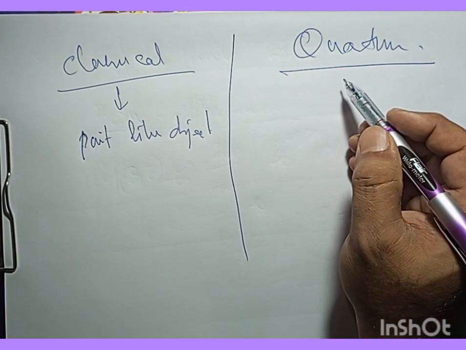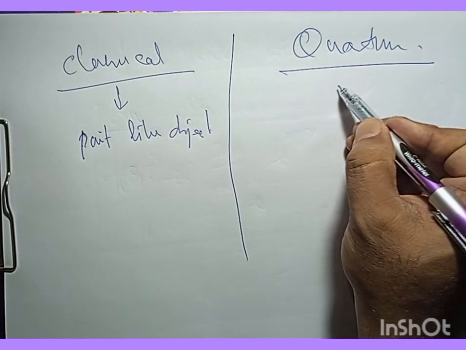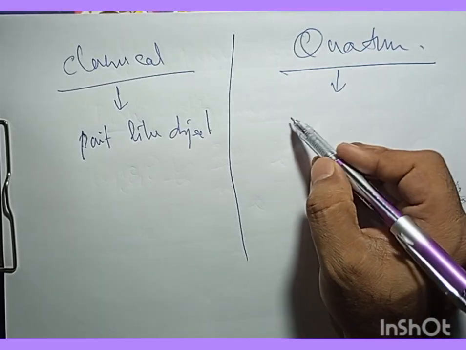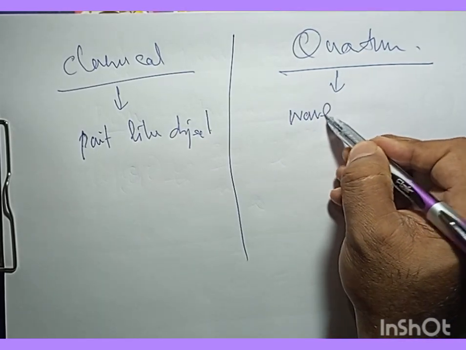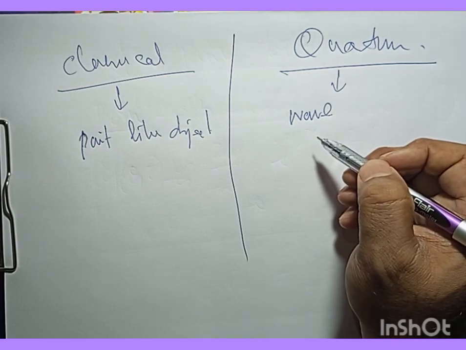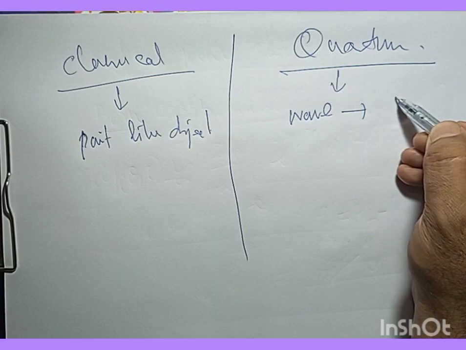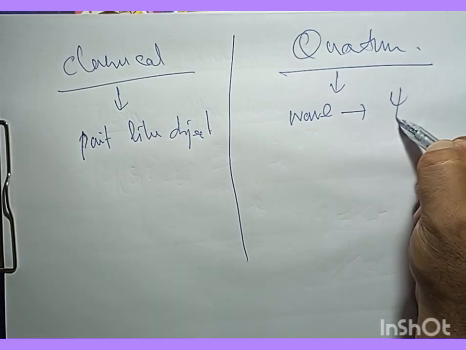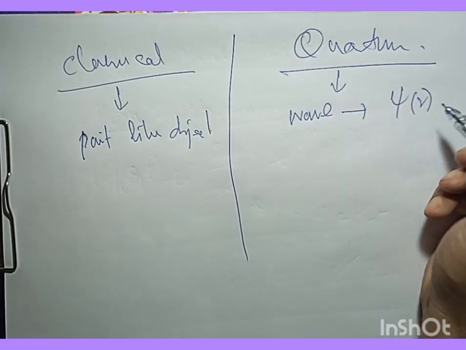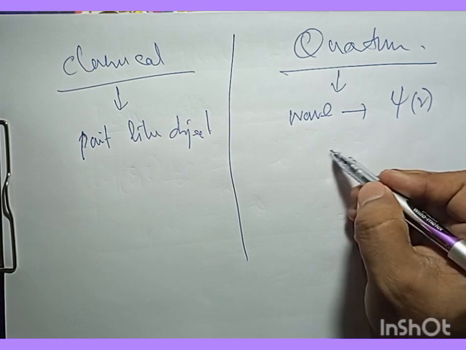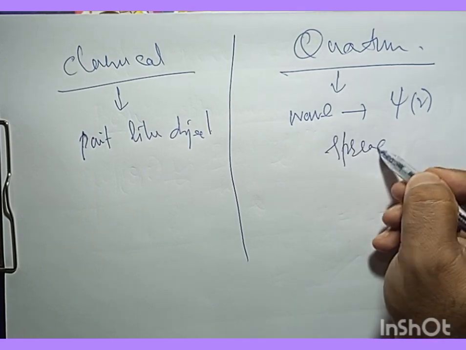And quantum scattering does not treat our particle as a particle, it treats our particle as a wave. And this wave is described by the wave function, a state vector, a wave function psi. And this wave function has a nature of spreading. That's it.